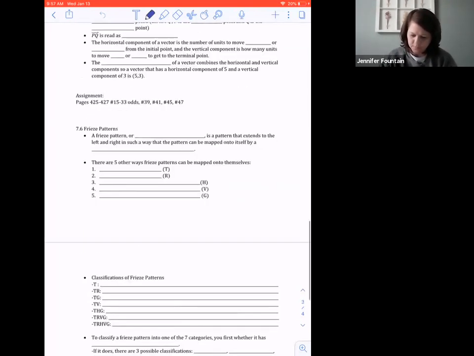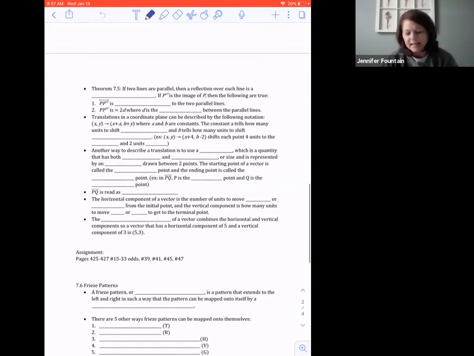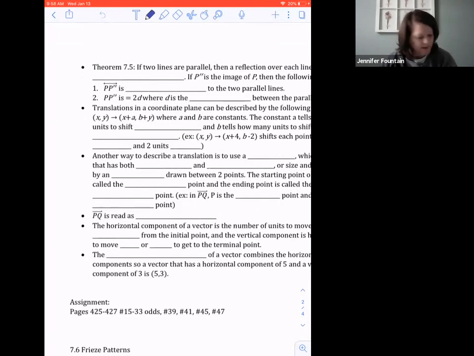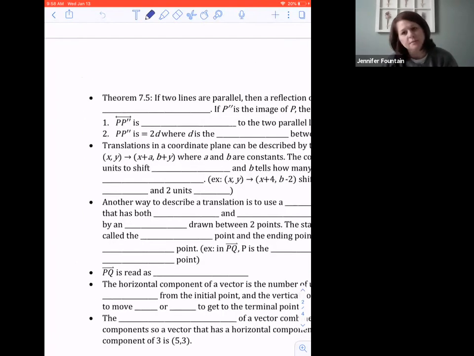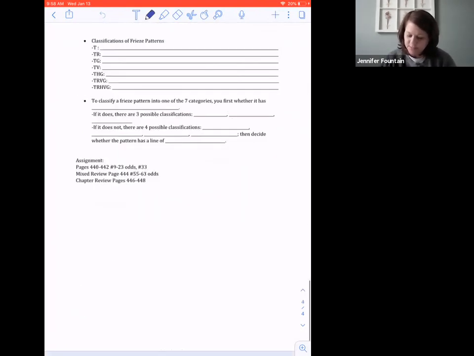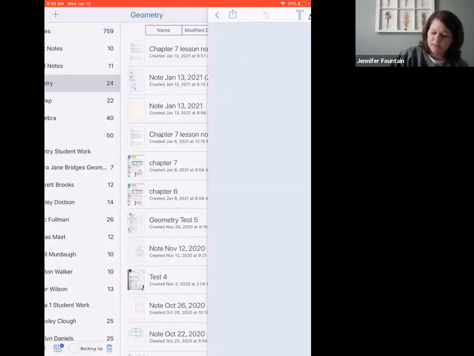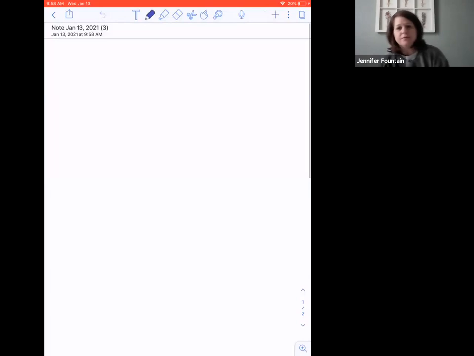Seven, 4. Where in the world is 7? I think what I did is I had 7.5 right there, and I thought it was theorem 7.5, and I think I made notes for 7.5. Y'all, I'm losing my mind. But y'all have already known that about me because I've got 7.6 notes, but I don't have 7.5. Well, all righty, let's just make some 7.5 notes. Good grief. Y'all didn't know y'all got the crazy teacher this year, did y'all?